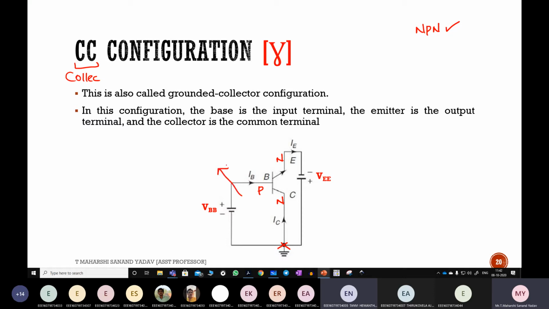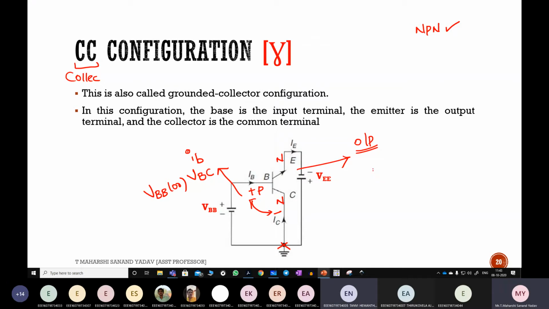Next, can anyone tell me what the input current and input voltage are? IB is the input current. Voltage? VBB, or VBC, or VBE? VBC, correct. Next, output.